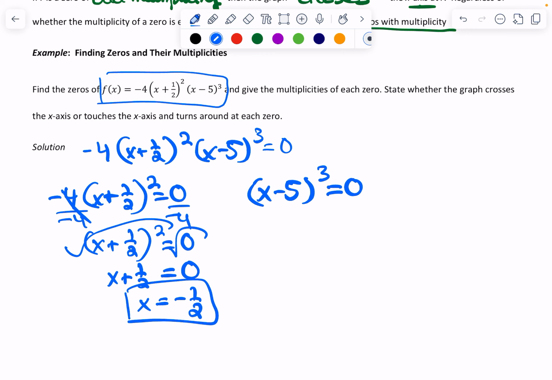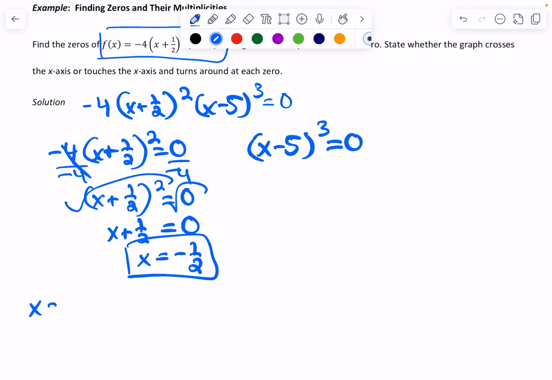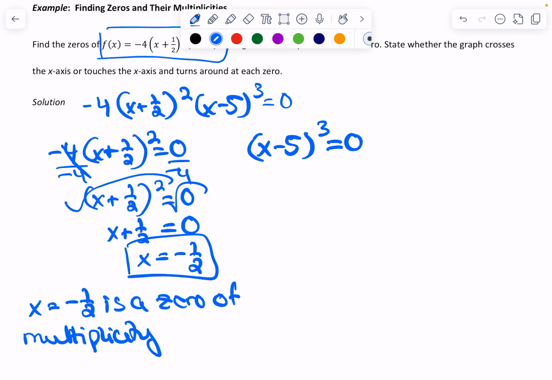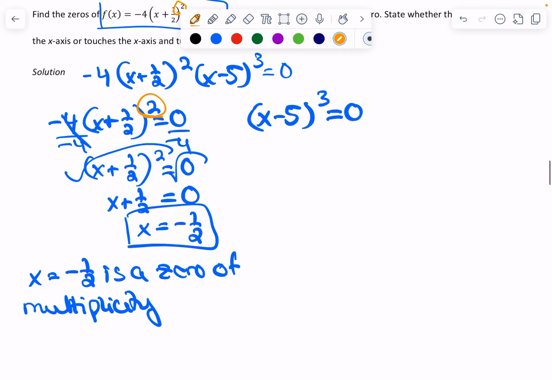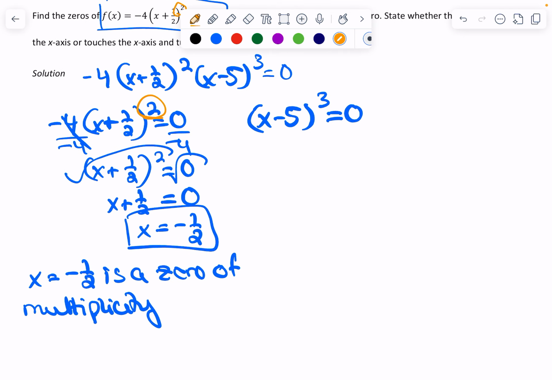So x equals negative half is a zero of multiplicity, and the multiplicity is right here. It's the exponent that tells us what the multiplicity of this zero is. So it is multiplicity of 2.